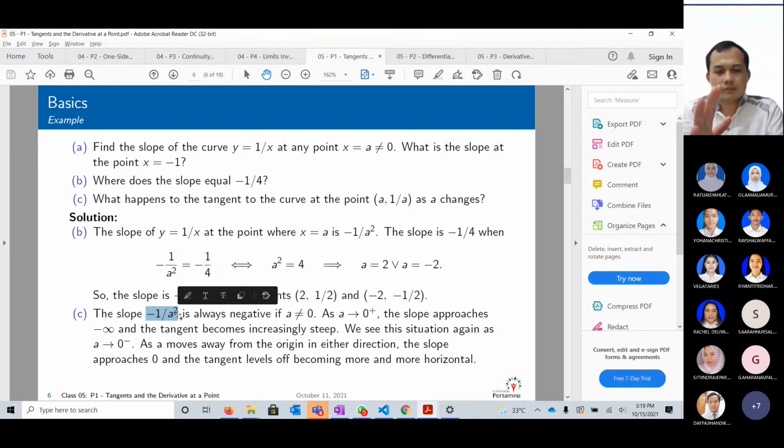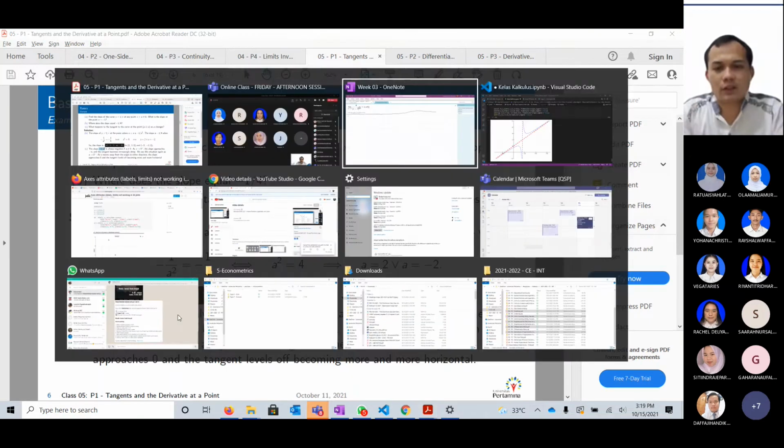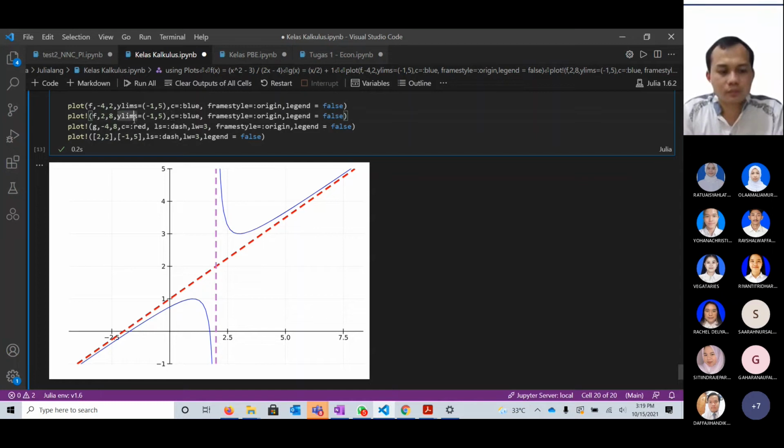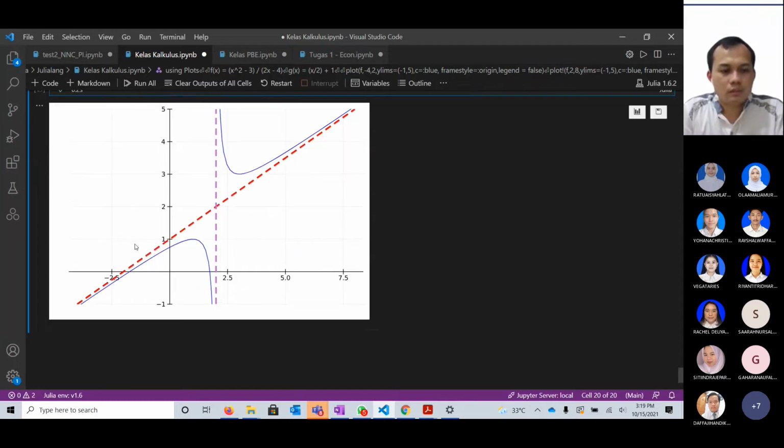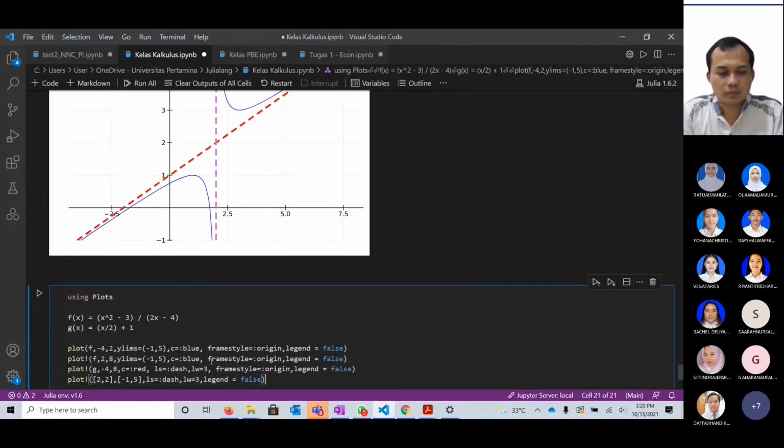Bentar, Sir. Oke dulu. Terus gambar plotnya deh kalau gitu. F of x equal to 1 over x.